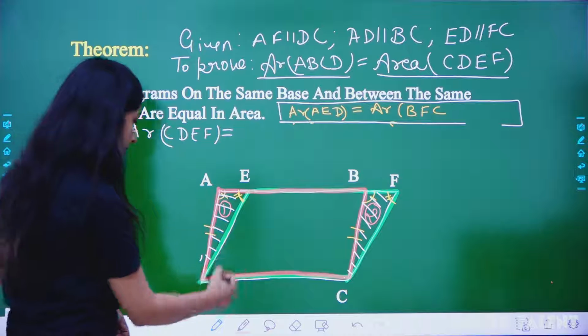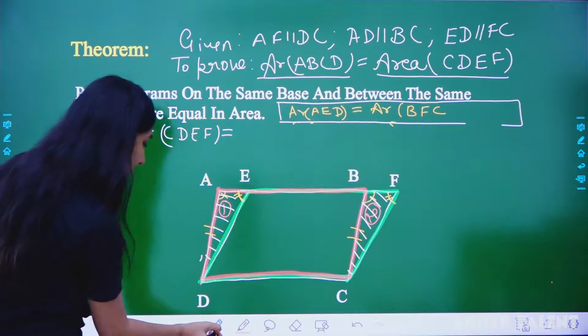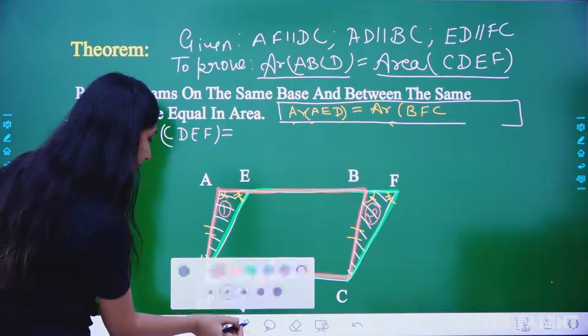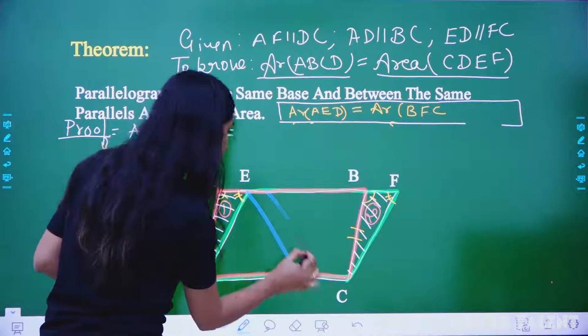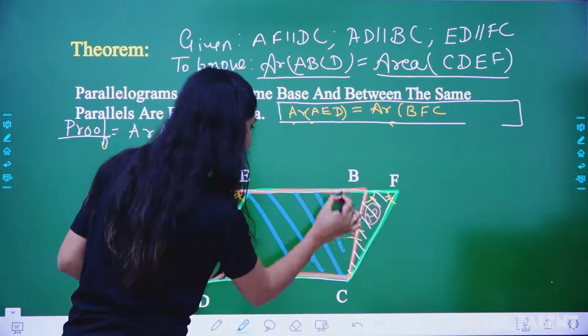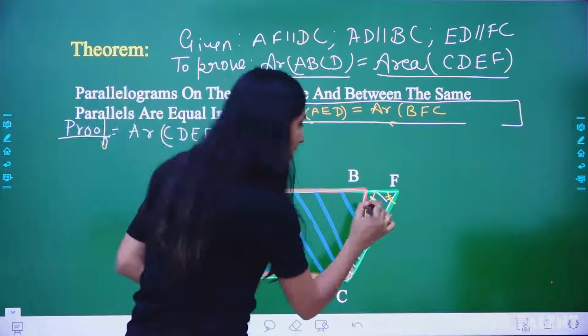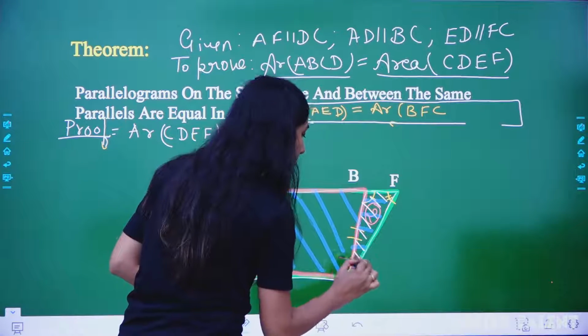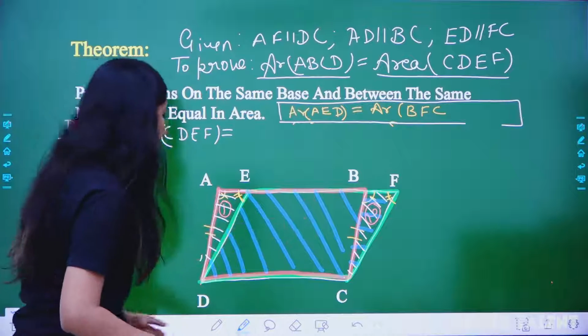If I take this complete portion and add it to this complete portion, that will make this EFCD.